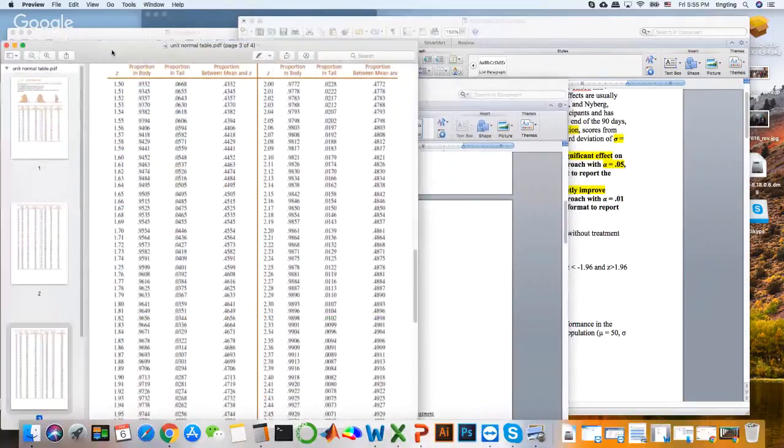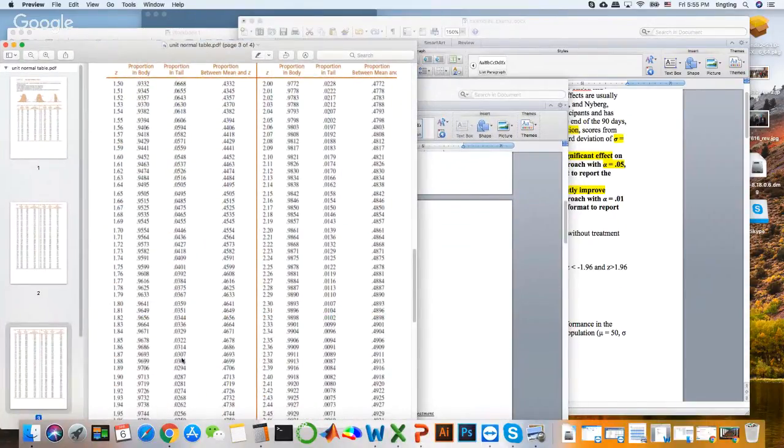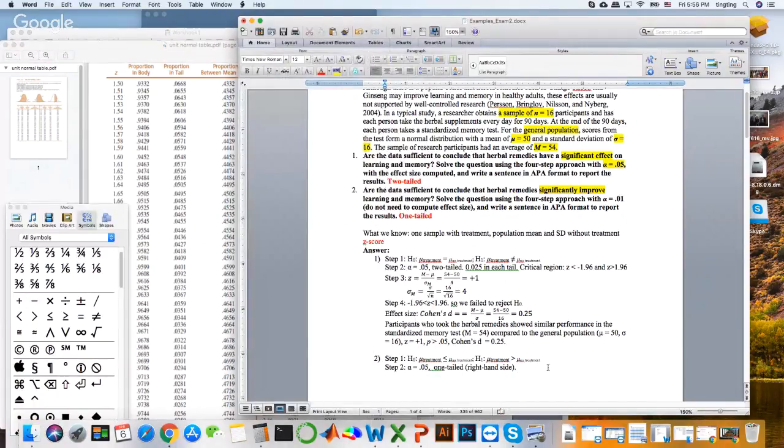So proportion in tail, right? 0.05. We can just select this number, the critical region, z greater than 1.65.